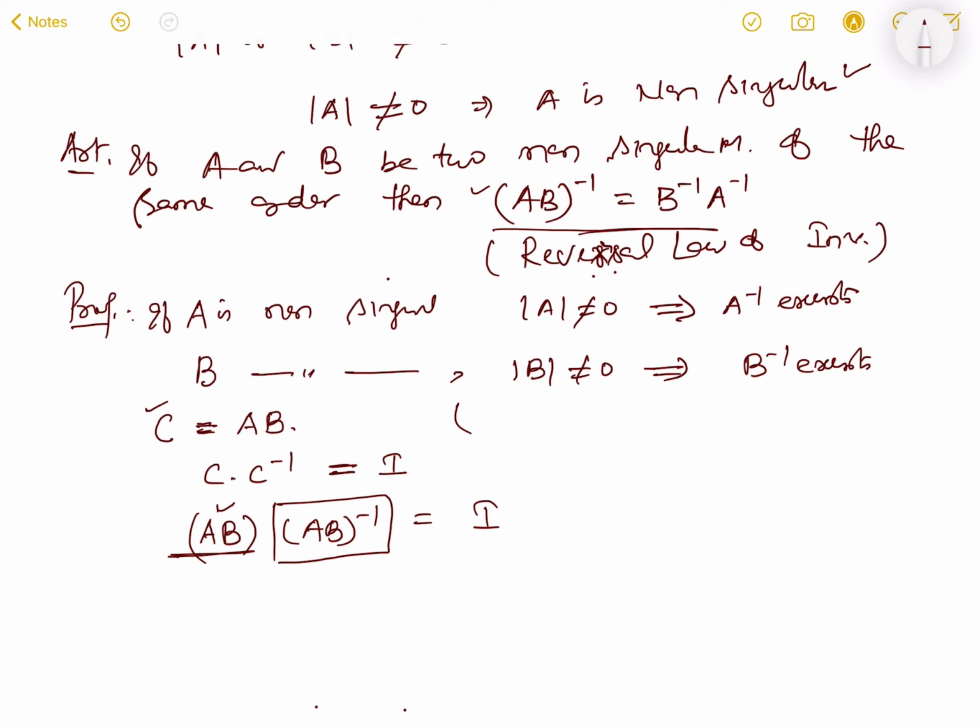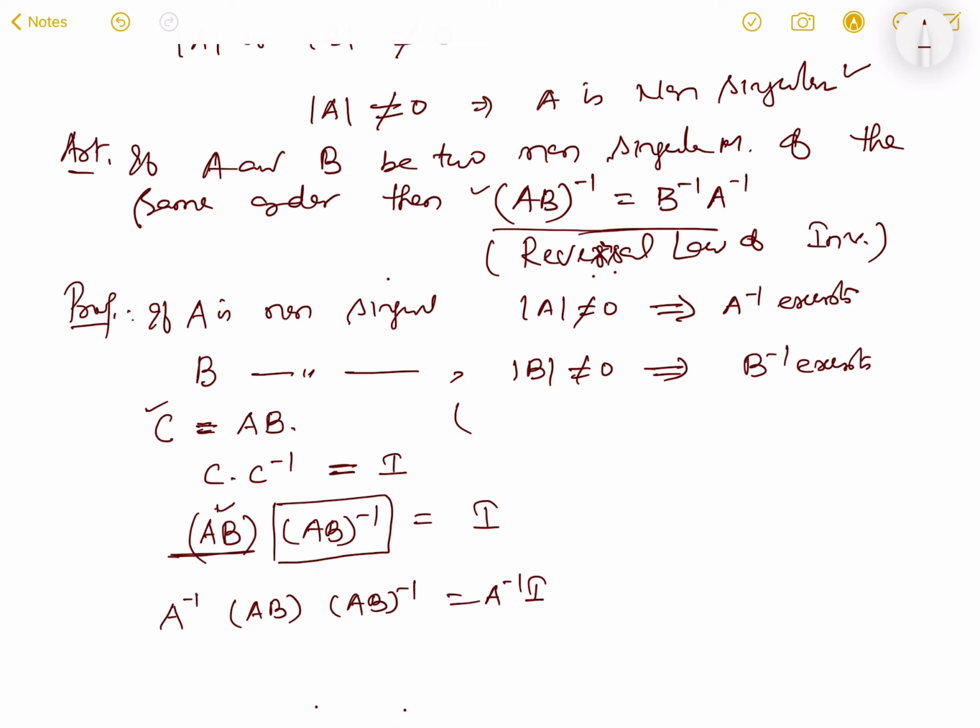So what we can do here, we eliminate step by step a matrix: first we multiply A inverse both the sides, left side.